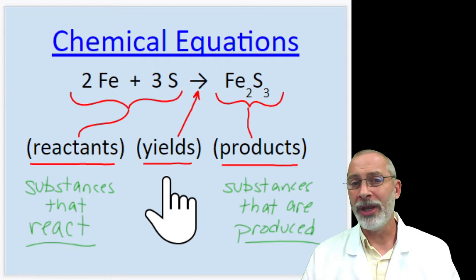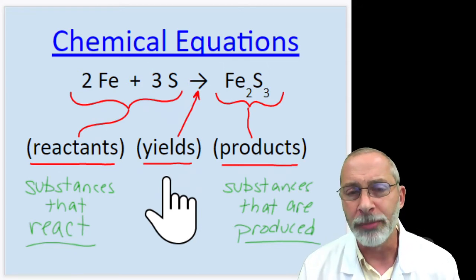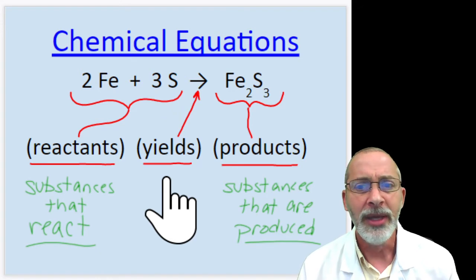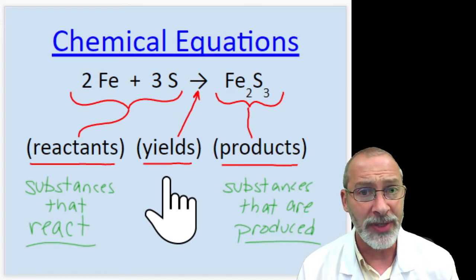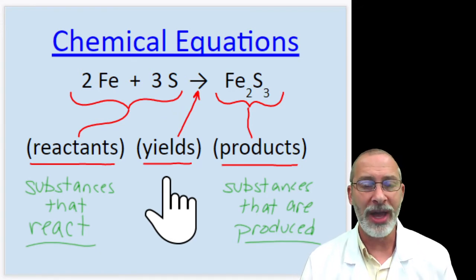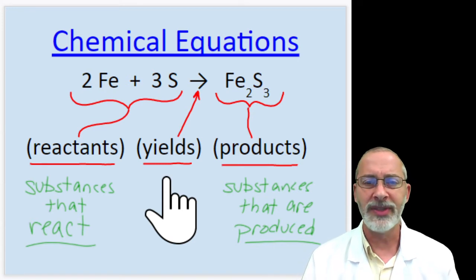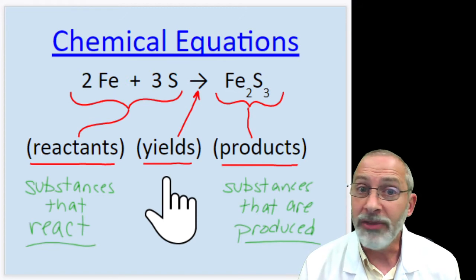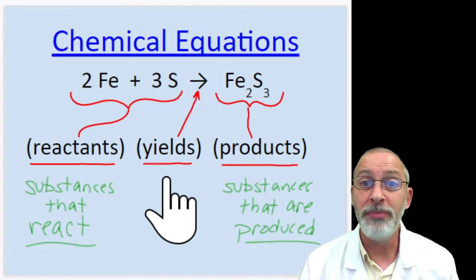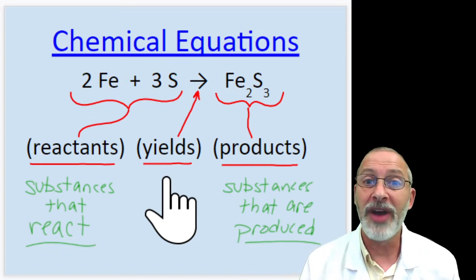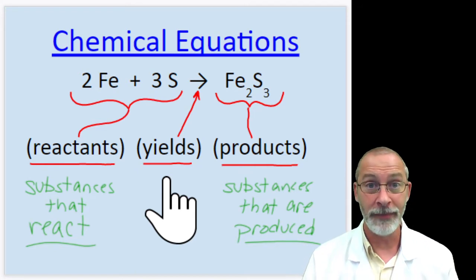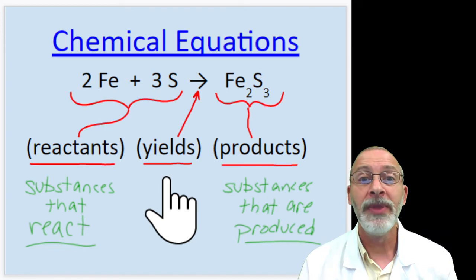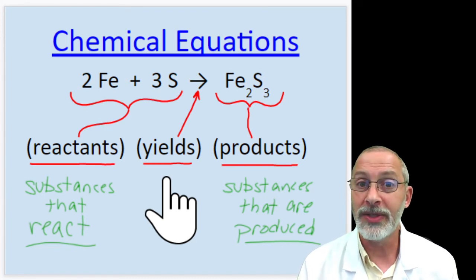So take a moment and look at this chemical equation, because no matter what the symbols and formulas might be, and I've given you a couple different ones here, and in a moment I'll ask you about them, you may not know what this chemical equation is illustrating, but even if you don't know the symbols, you should be able to identify the parts of the equation and distinguish between the reactants and the products.